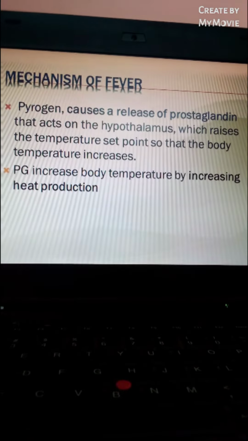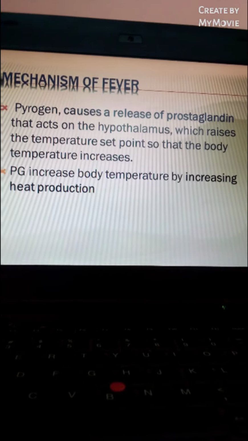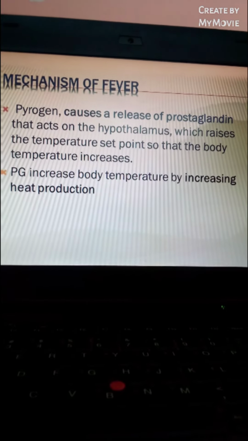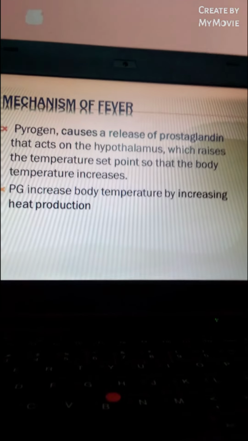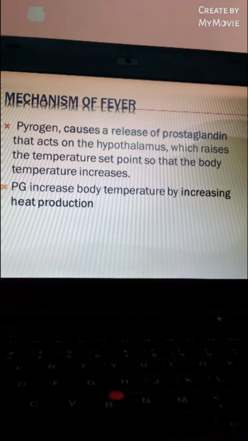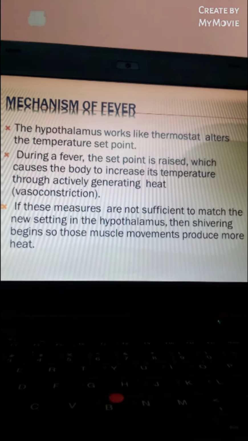So, what we conclude, pyrogen causes a release of prostaglandin that acts on the hypothalamus, which raises the temperature of the body according to the set point. So, the fever occurs. So, we can say that prostaglandins increase the body temperature by increasing the heat production.